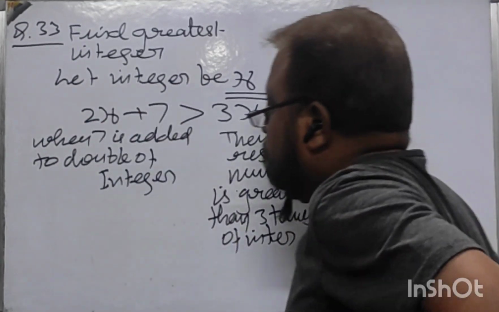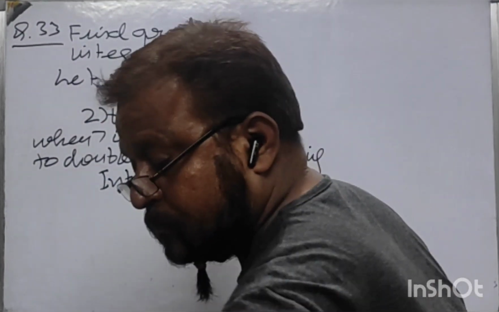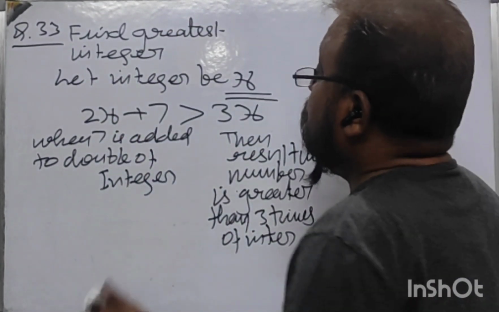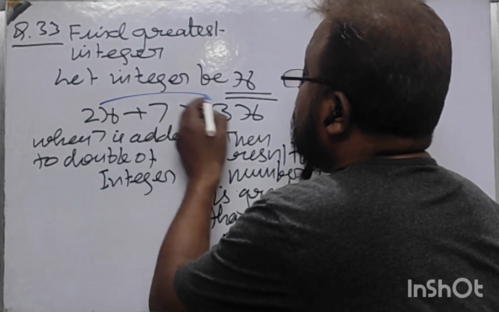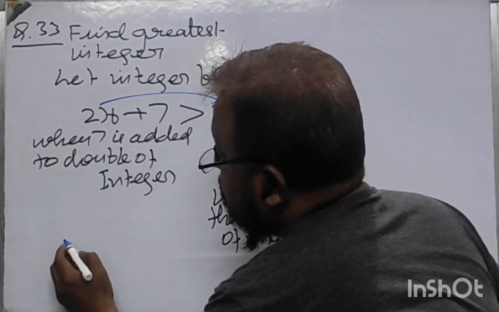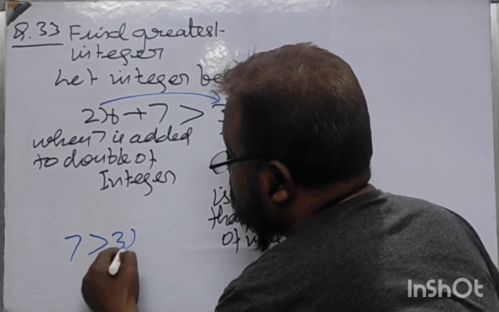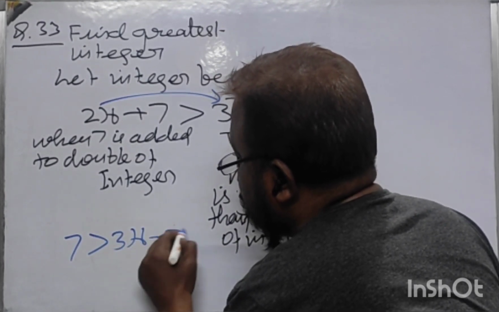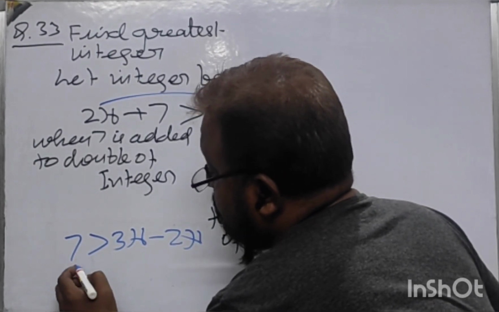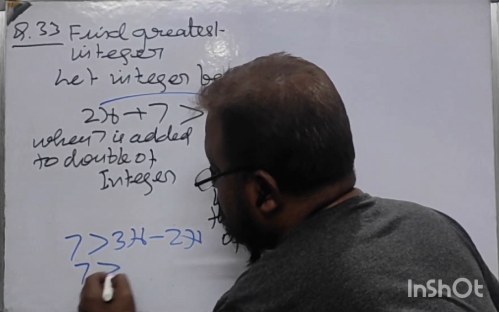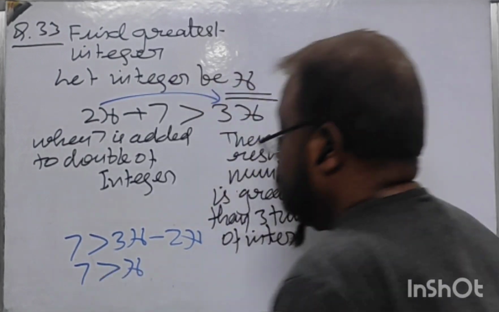Now you transpose this 2x on this side, so you get 7 is greater than 3x minus 2x. So 7 is greater than x, right?